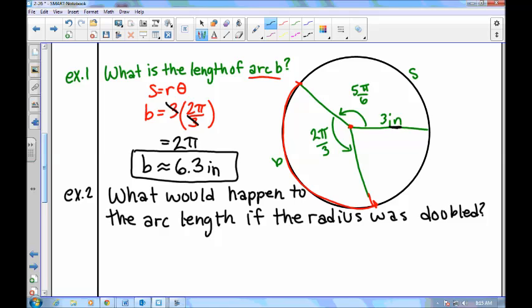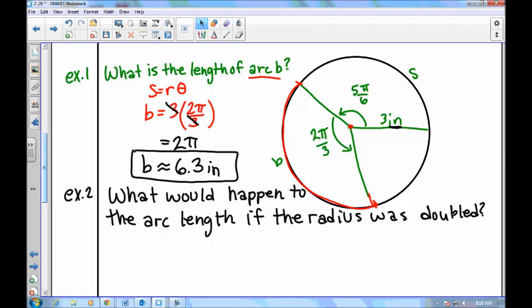Please calculate it out and make an observation. What happens to the arc length when the radius is doubled? Come on, Adam, you have something to do. Work on it, please.